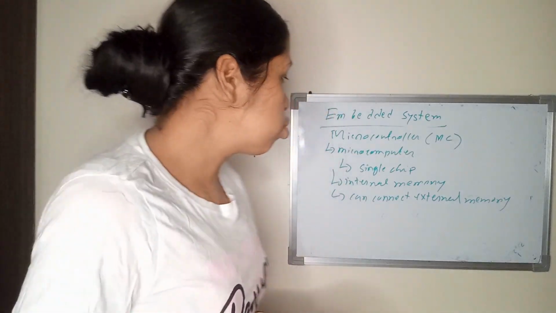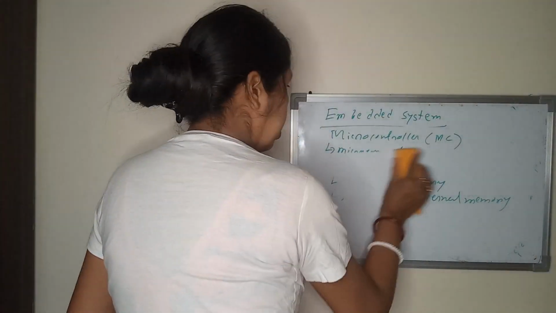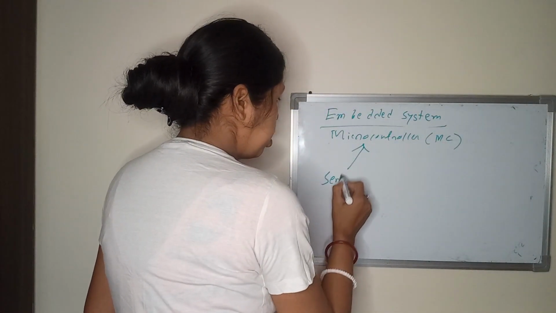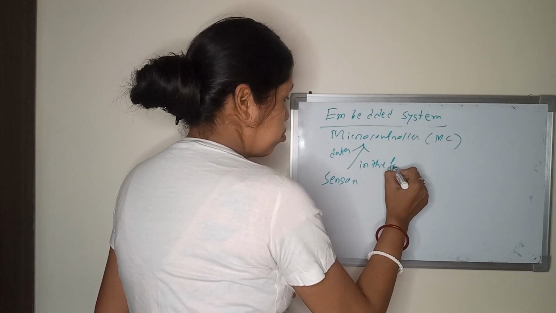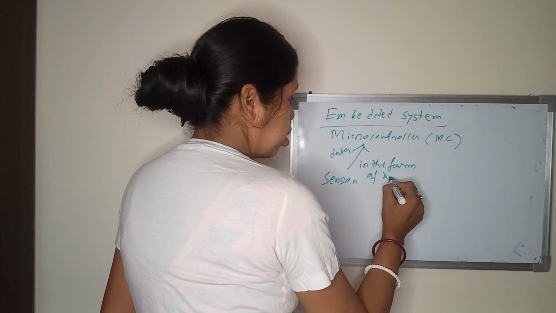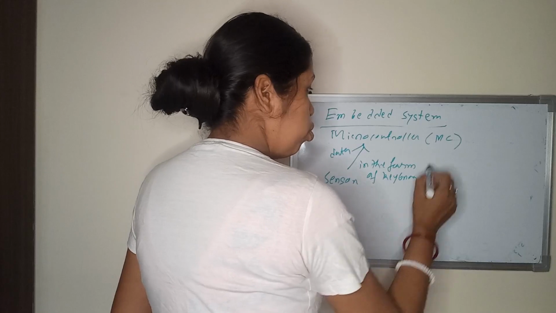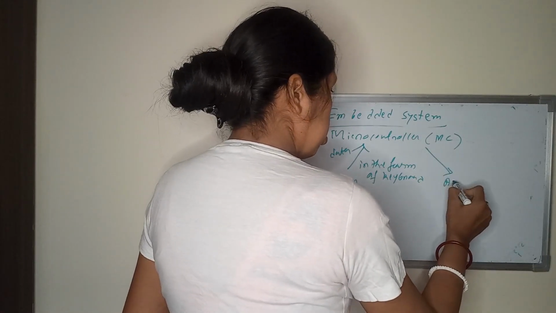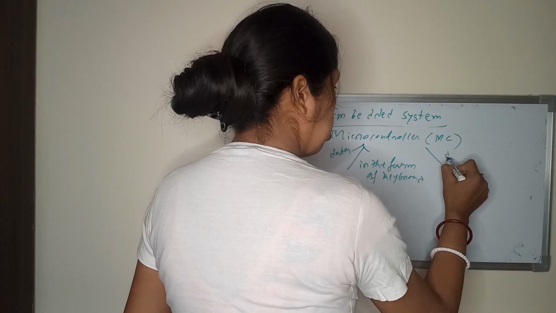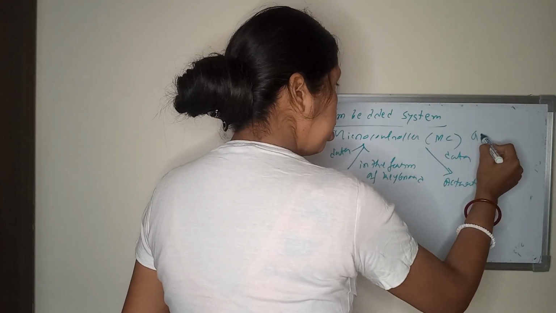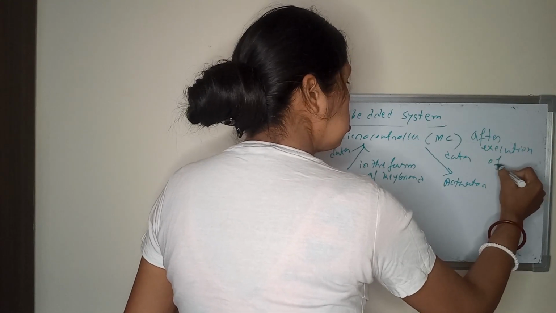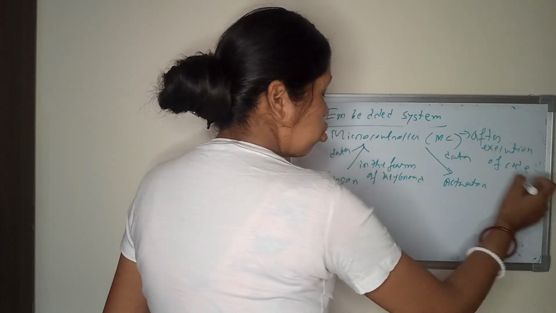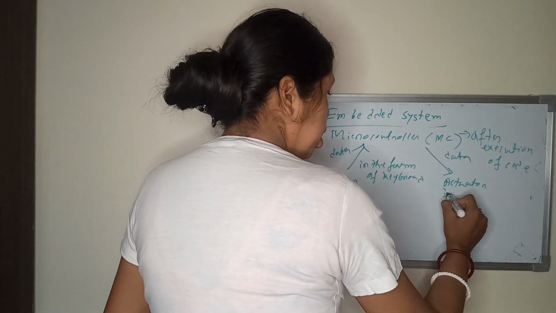So I am writing here: take data from the sensor, in the form of keyboard input, and after execution of the code, it will transfer some data to the actuator.